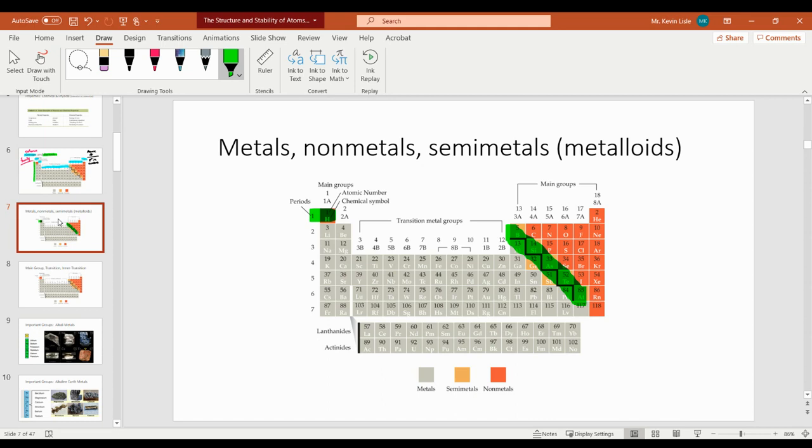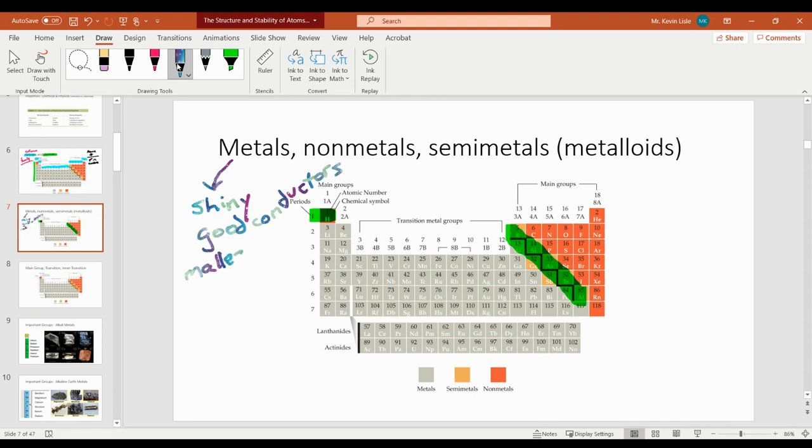So when I think about metals, we're thinking about things that are similar because they might have similar properties in the sense that they're shiny or that they are good conductors. That's both of heat and of electricity, that they tend to be malleable.